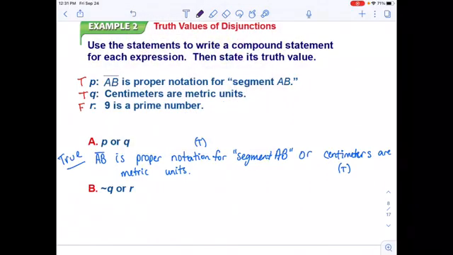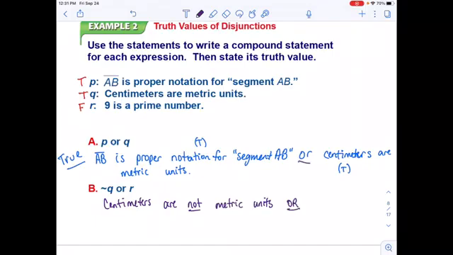If we look at the next one, not Q or R, we have centimeters are not metric units, or 9 is a prime number.